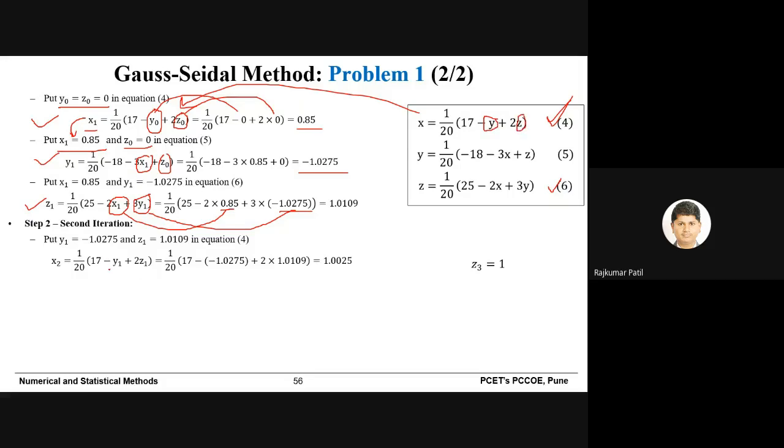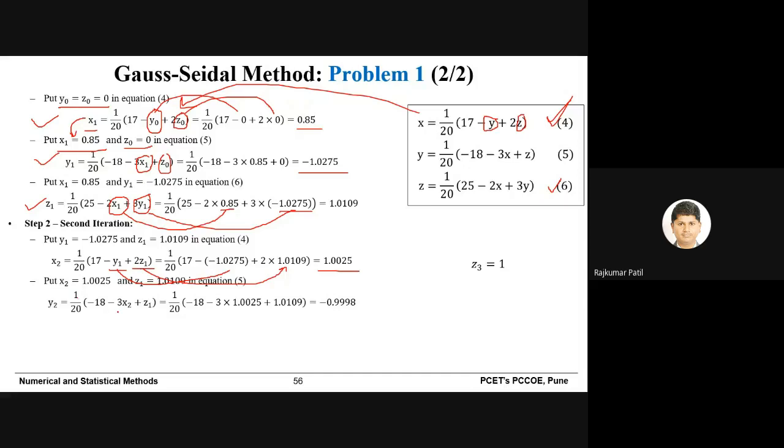Y1 is -1.0275 and z1 is 1.0109. So you will get x2 as 1.0025.